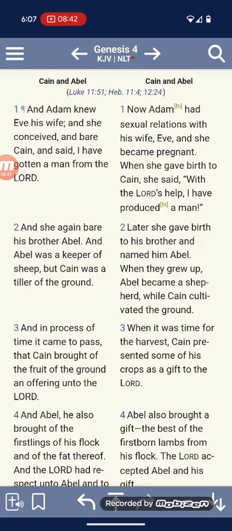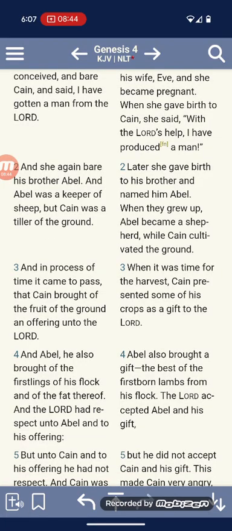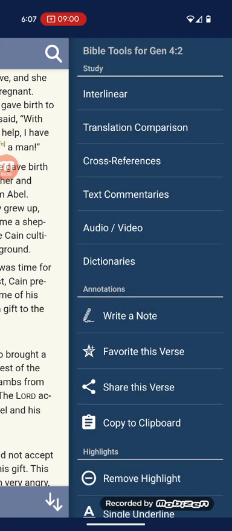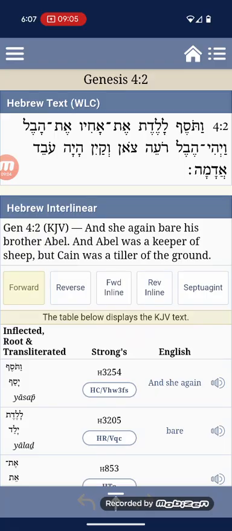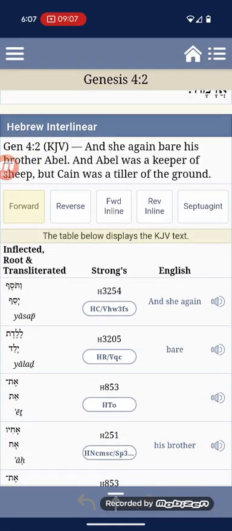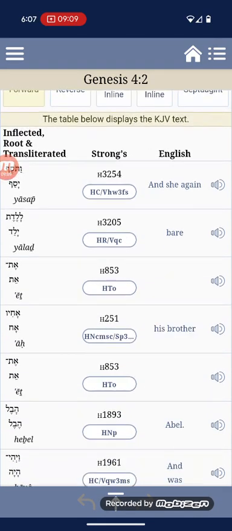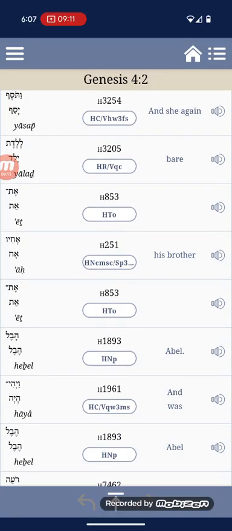So I'm going to go on to verse 2, Genesis 4:2. It says, and she again bare his brother Abel, and Abel was a keeper of the sheep, but Cain was a tiller of the ground. All right, and let's go in and see what Abel's name means. And it is H1893.